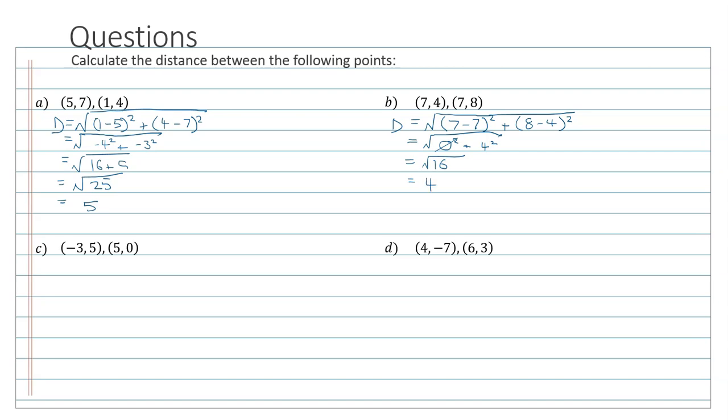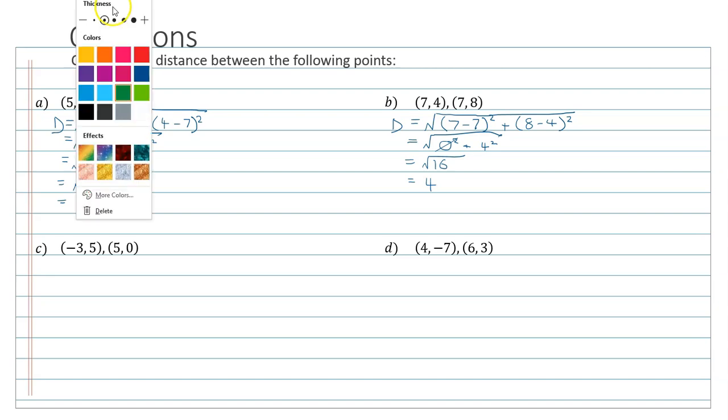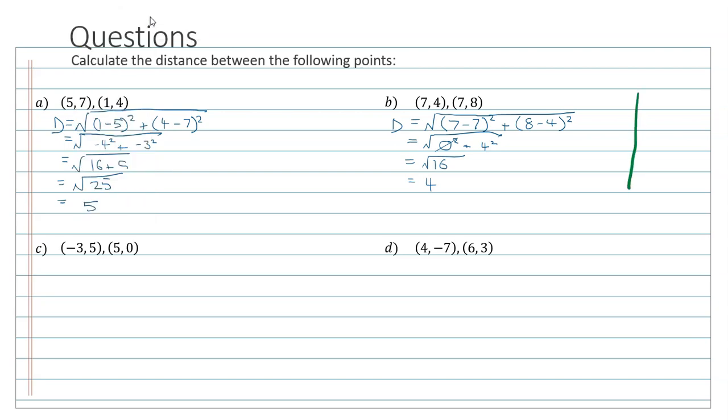This one's actually a pretty interesting one in that, imagine 7 and 4, 7 and 8. The two x's are the same, so what you've actually got is in fact a straight line that goes down like that. So that would be 7 and 8. This one would be 7 and 4.